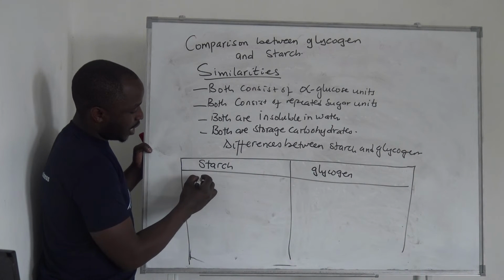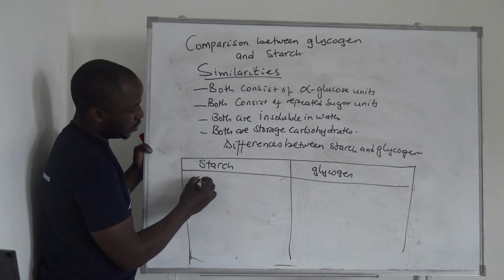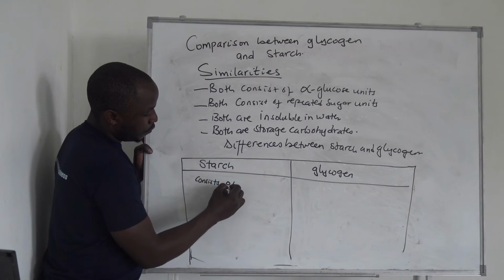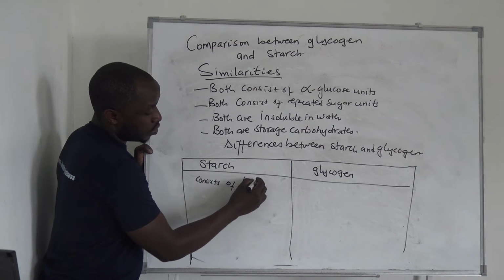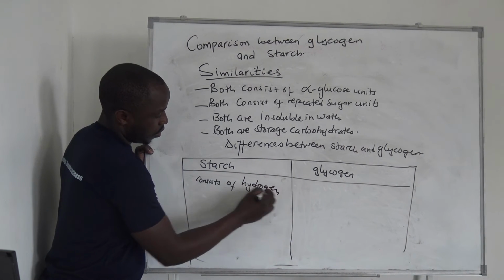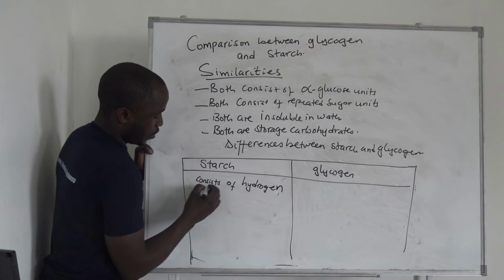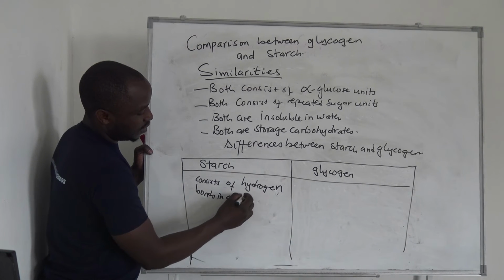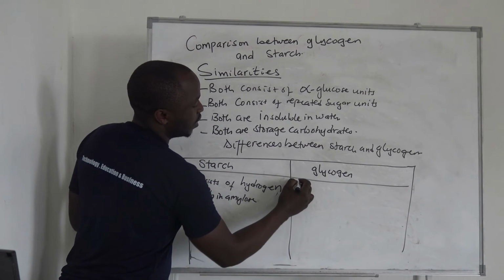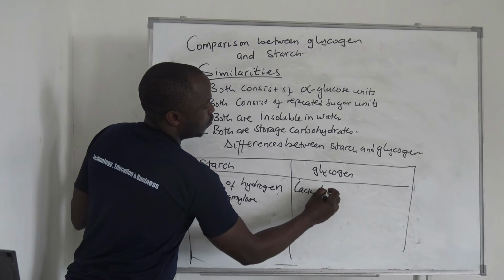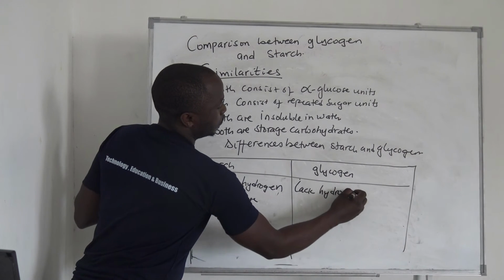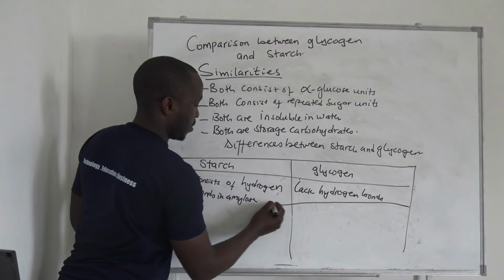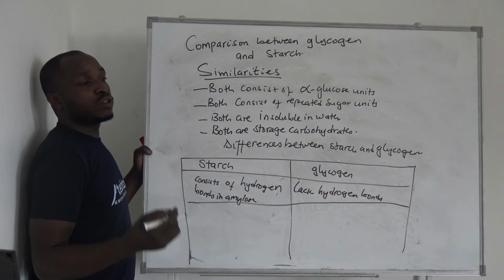We say that starch consists of hydrogen bonds in amylose. Glycogen lacks hydrogen bonds. Then we can go to the branching.